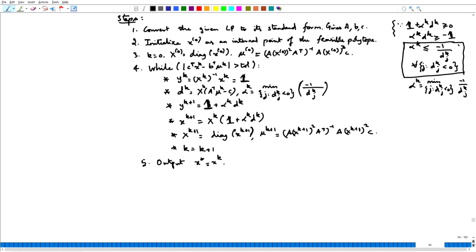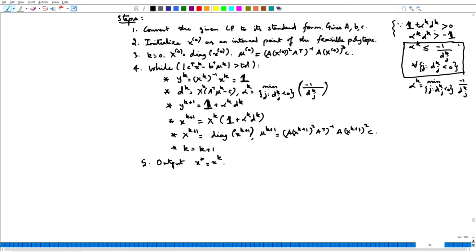That is to ensure that 1 plus alpha k d k is greater than or equal to 0. In fact, it should be strictly greater than 0. Of course, we know what happens when it could be 0. If you consider this, then you have alpha k d k strictly greater than minus 1.